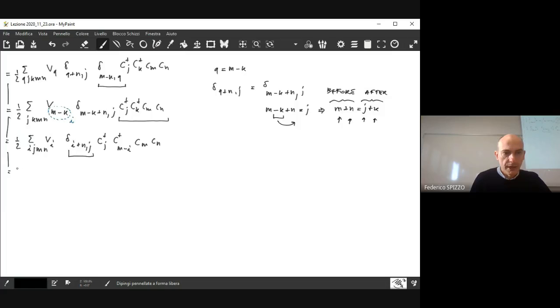So suppressing that, we have 1/2 summation over I, m, n of v of I, then we have c cross I plus n, c cross m minus I, c of m, c of n. Just for symmetry, let me write I plus n as n plus I. I just switch the order of summation.